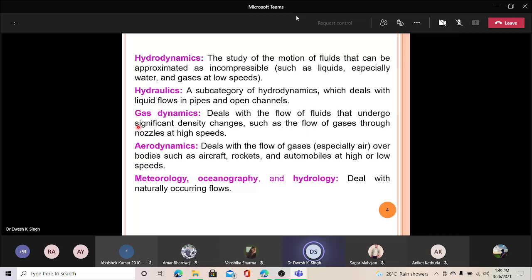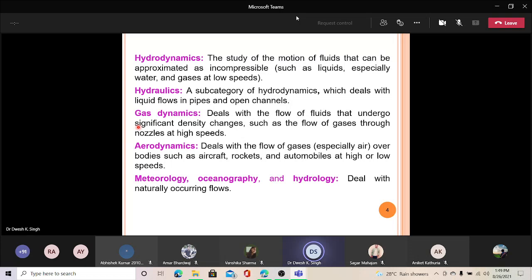Then there are some other types of studies which are closely related to fluid mechanics. The concepts of fluid mechanics relate to hydrodynamics, the study of the motion of fluids that can be approximated as incompressible flow, especially liquids.